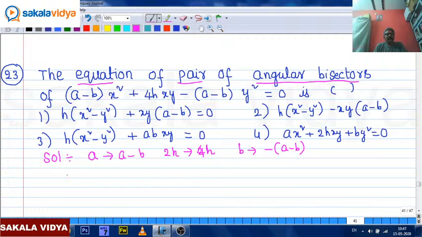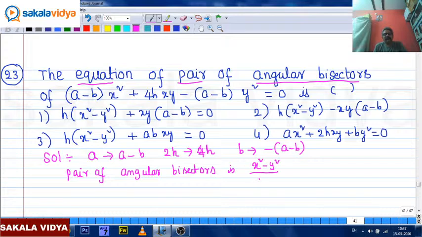So the required equation, the pair of angular bisectors, is x square minus y square by a minus b equal to xy by h. It's a formula. Am I correct now?